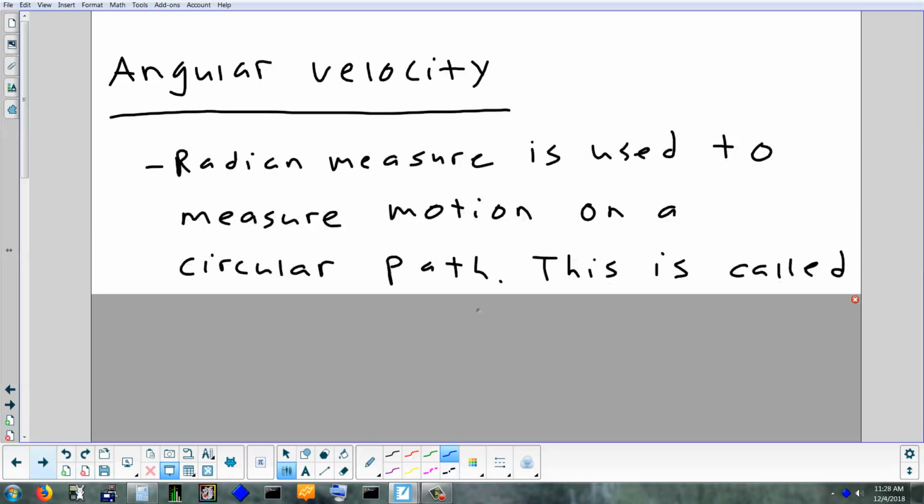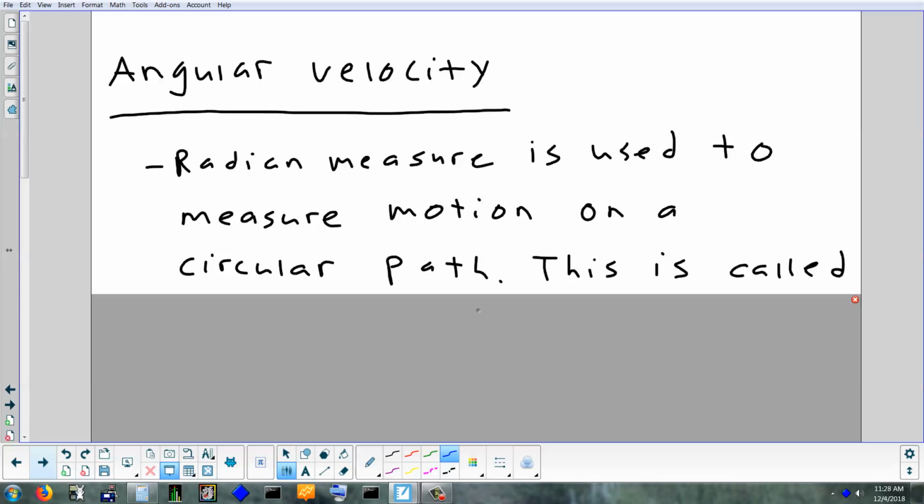So angular velocity, the default unit is radians. I'll say this again, but when they ask you to find angular velocity, always use radians. There are other things you can use, but if they don't tell you, use radians.